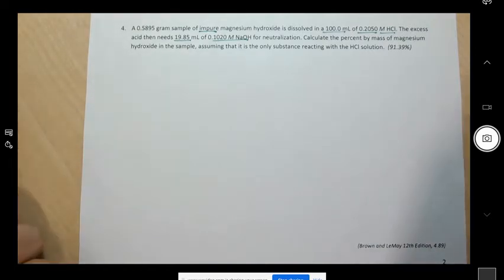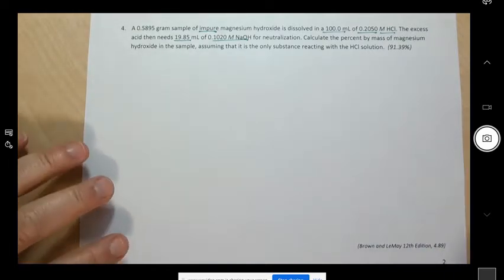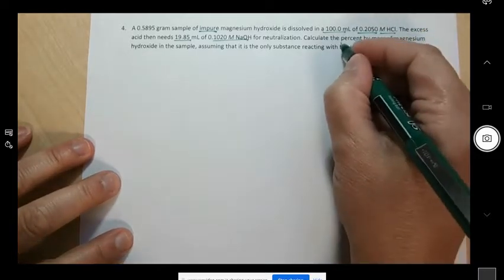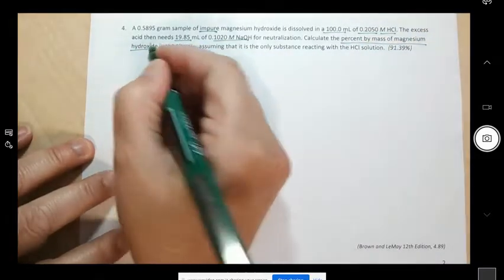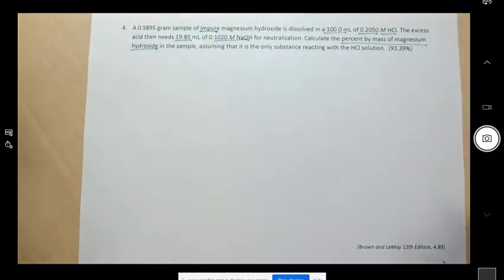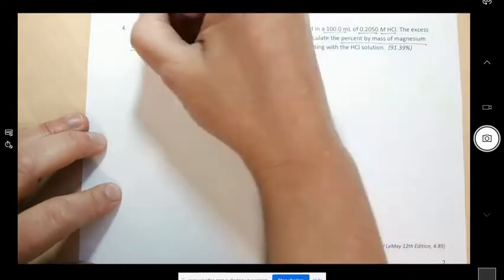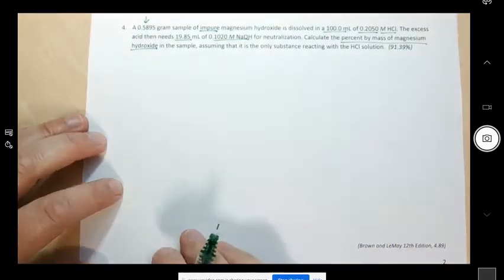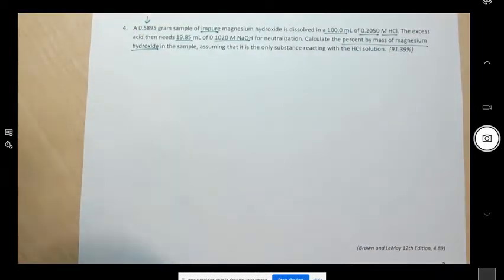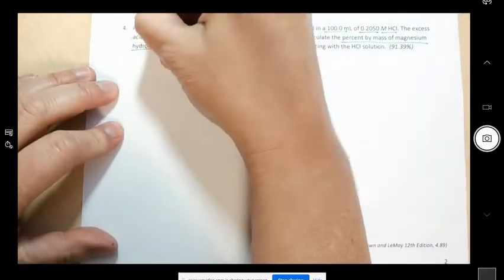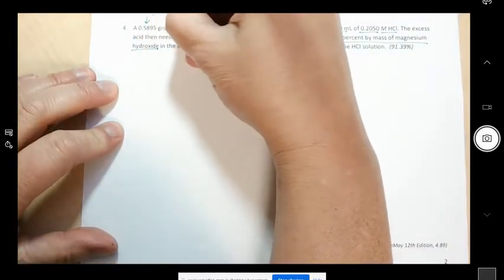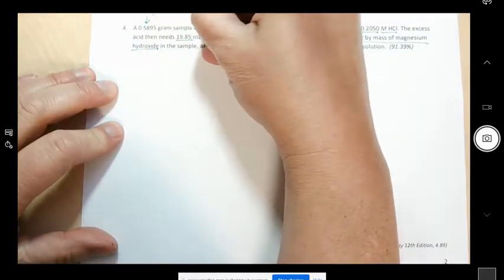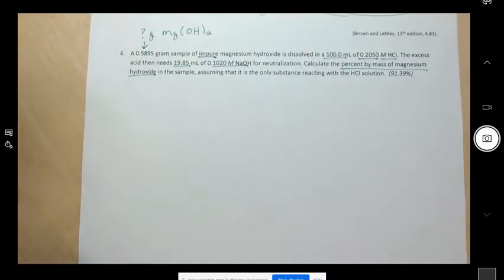We want to calculate the percent by mass of magnesium hydroxide in the sample. So this is actually a pretty intense problem because we're actually going back to this 0.5895 grams, and we need to figure out how many grams of that was actually magnesium hydroxide. Because not all 0.5895 grams of it was magnesium hydroxide.